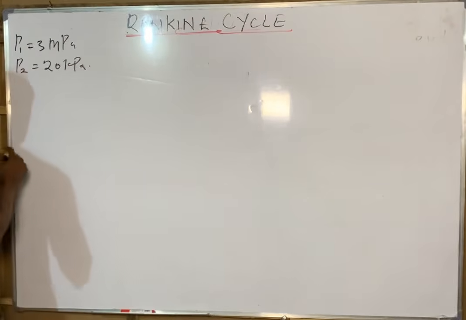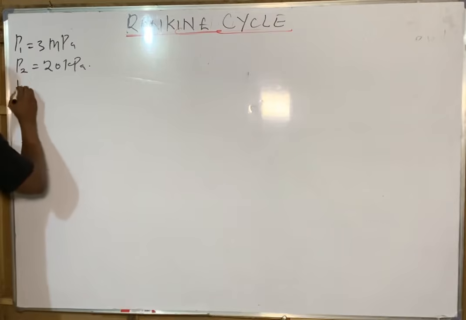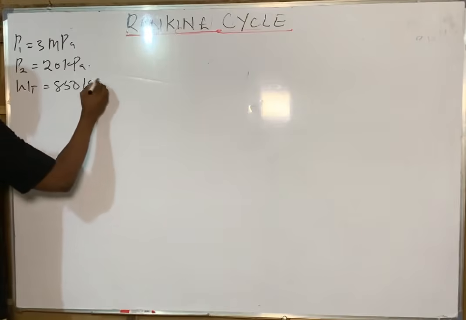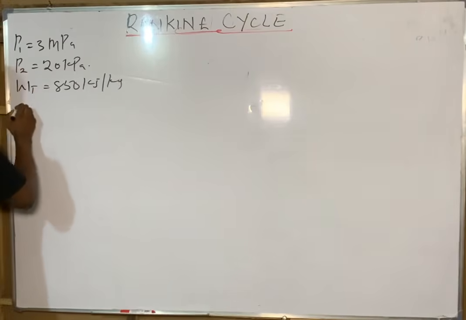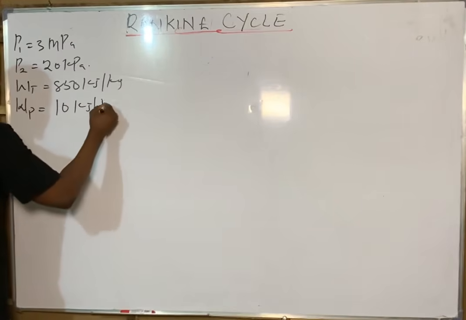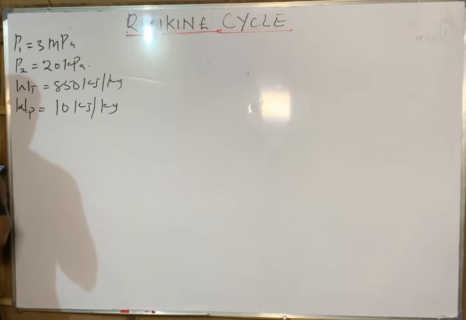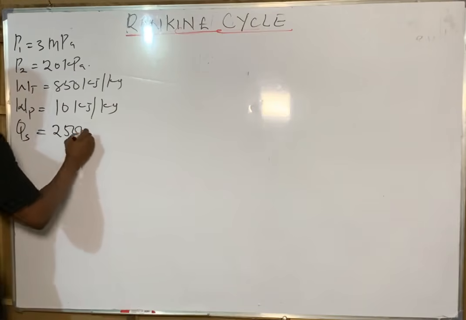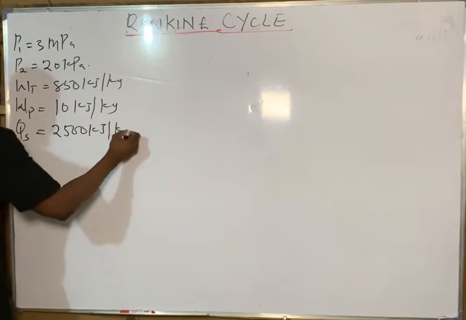The turbine work WT equals 850 kilojoules per kilogram. Pump work is 10 kilojoules per kilogram. And the heat supplied in the boiler, so heat input or QS, is equal to 2500 kilojoules per kilogram.